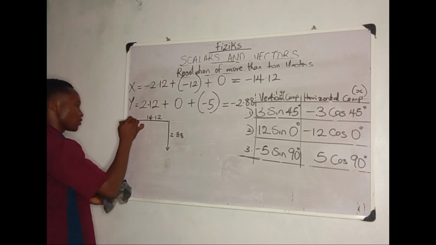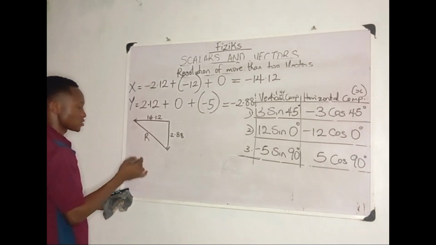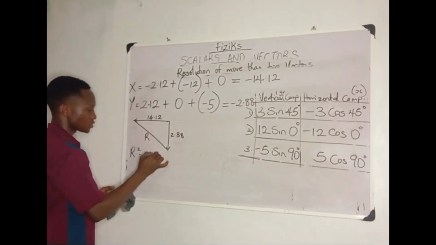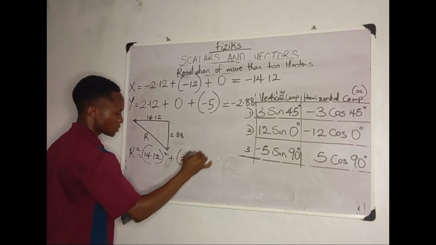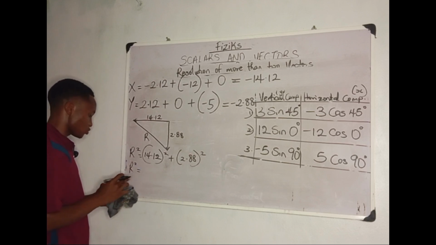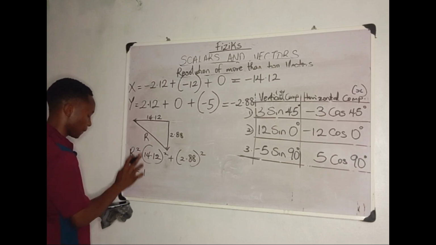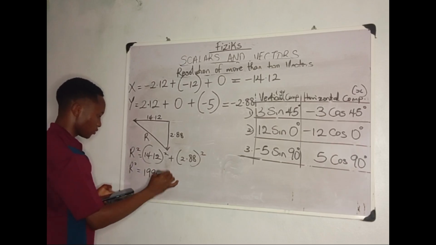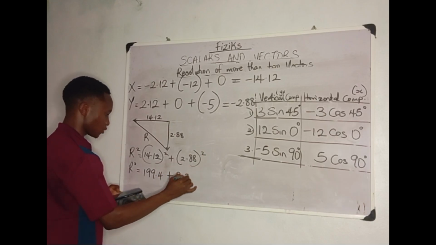So if I put my resultant, that's the next thing to do. I'll place my resultant. So from the resultant, I can say r squared is equal to 14.12 squared plus 2.88 squared. So r squared is equal to 14.12 squared, that's going to be giving us 199.4, plus this squared will give us 8.3.